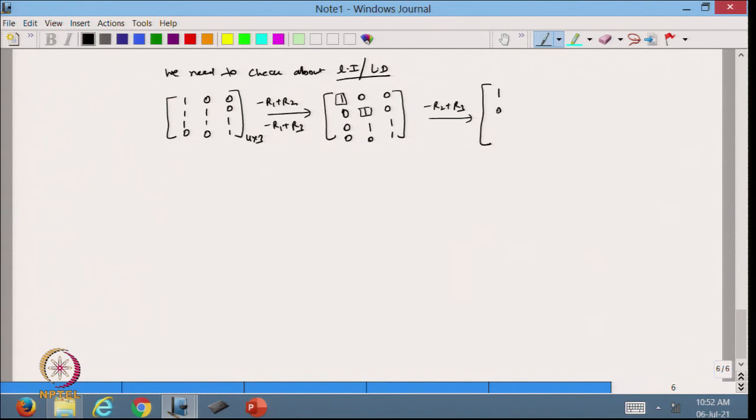So, I am taking minus 1 adding to here, so this is 0 and this will be 1. So, I am able to get these three vectors.